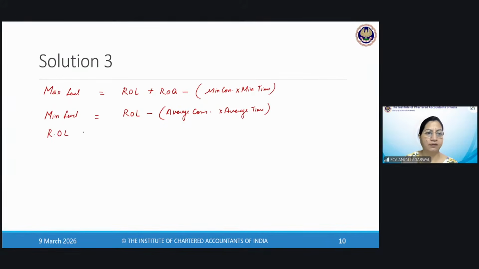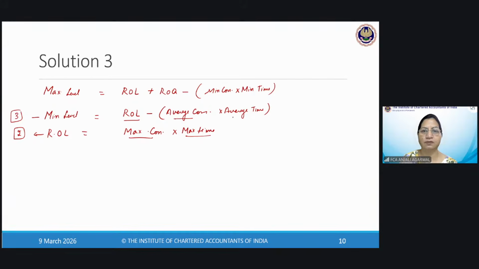Reorder level: maximum consumption into maximum time. I have written this in this order because of a reason. You will see in reorder level, you have two variables to multiply. In minimum level, you have three variables to multiply.